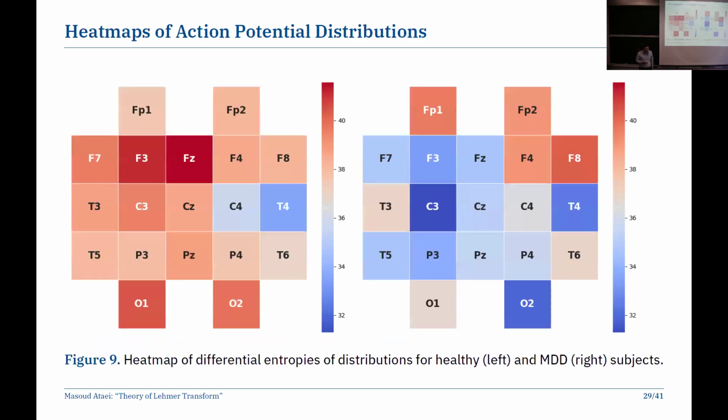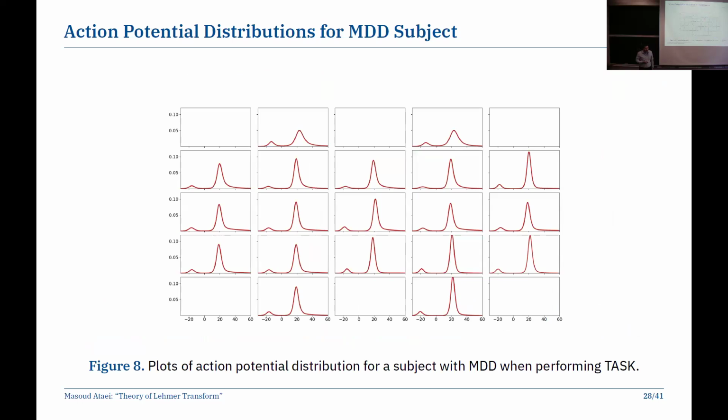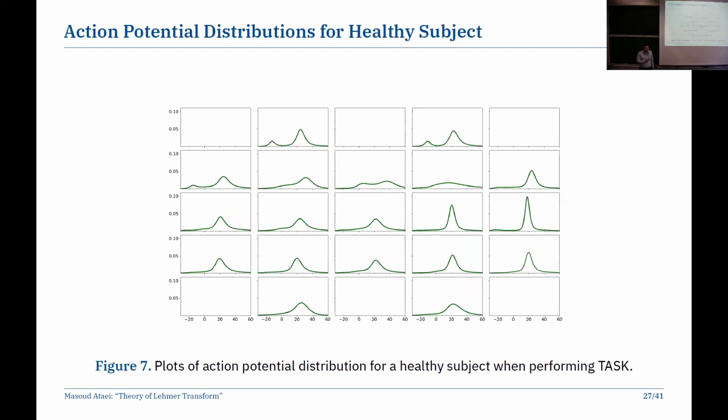In a sense, we want to capture the bimodal behavior of these MDD patients as compared to the unimodal behavior of the healthy individuals. This is a consistent pattern that we observe among all patients.